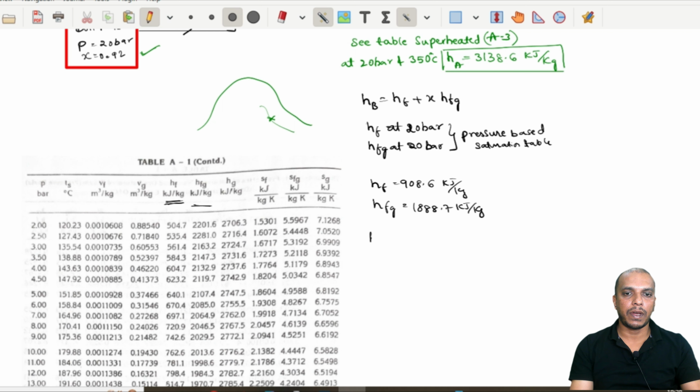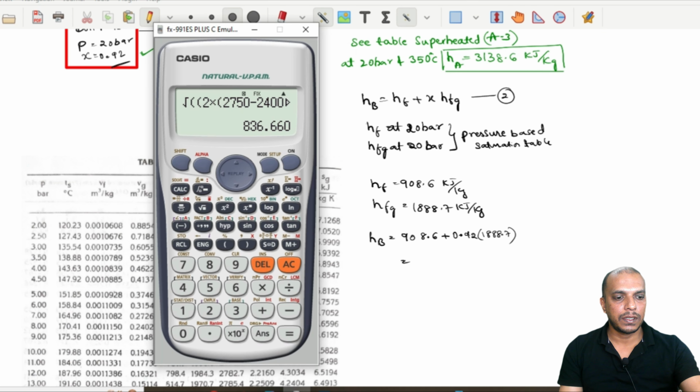Now we can determine the value of HB equal to HF plus X HFG, which is equation 2: 908.6 plus the value of X given for boiler B, 0.92, multiplied by 1888.7.